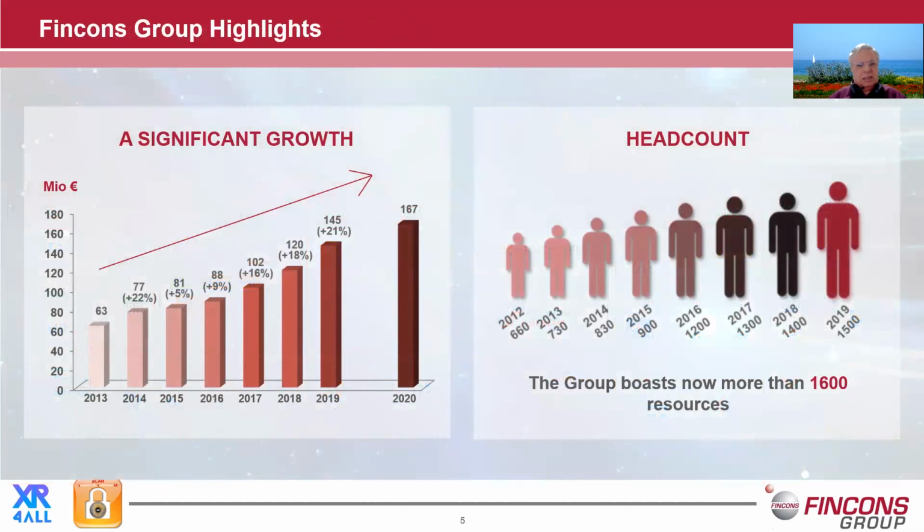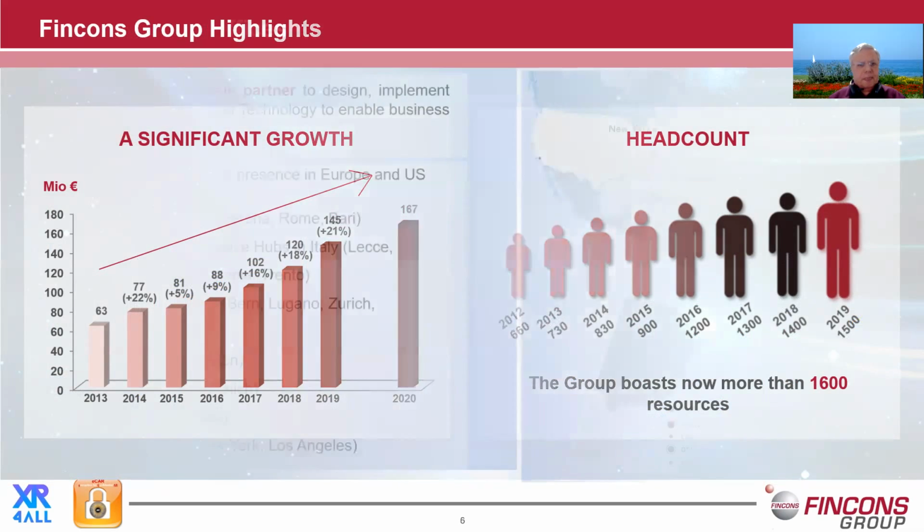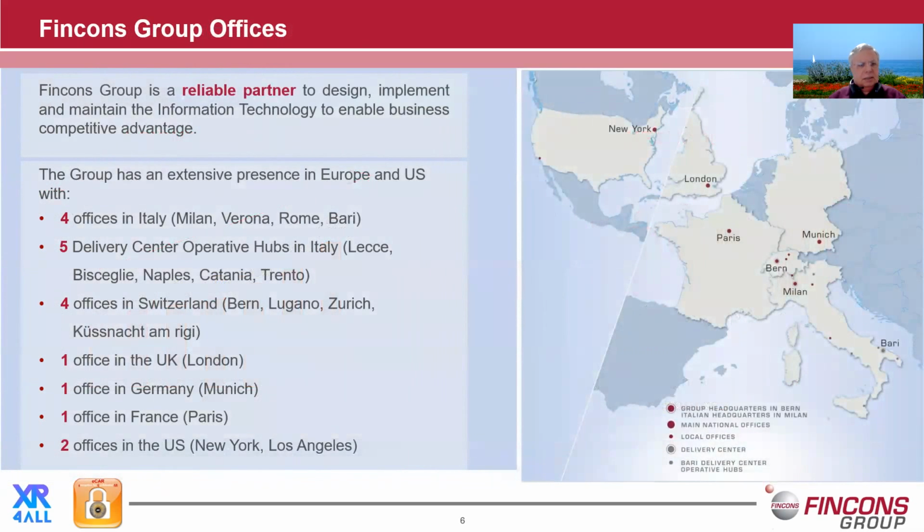We are more than 600 people worldwide with an annual turnover above 150 million euros. These are the offices locations. Most of the Fincons employees are located in Italy, and all the development and technical support for our customers is done in Italy, and most of the people are located in the Bari office in southern Italy.